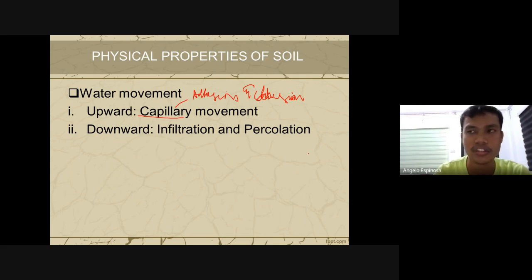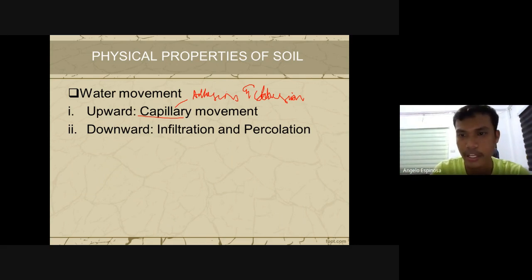Adhesion and cohesion are important water properties that affect how water works everywhere, from plant leaves to your own body. So just remember that. Cohesion means water is attracted to water.